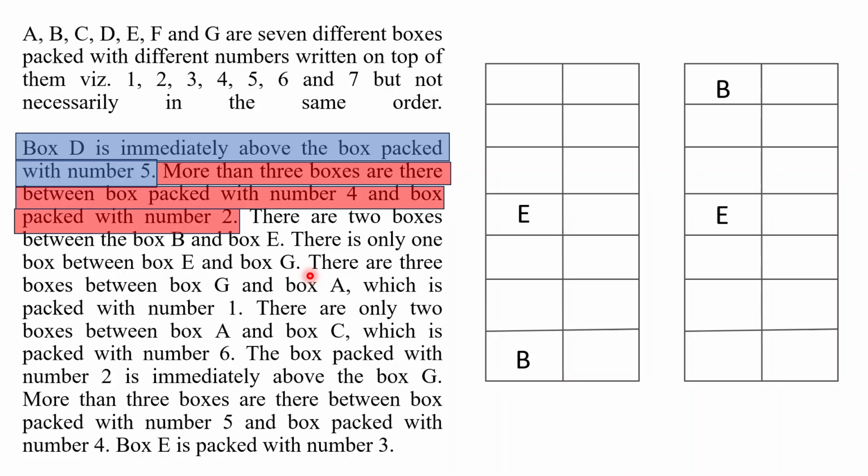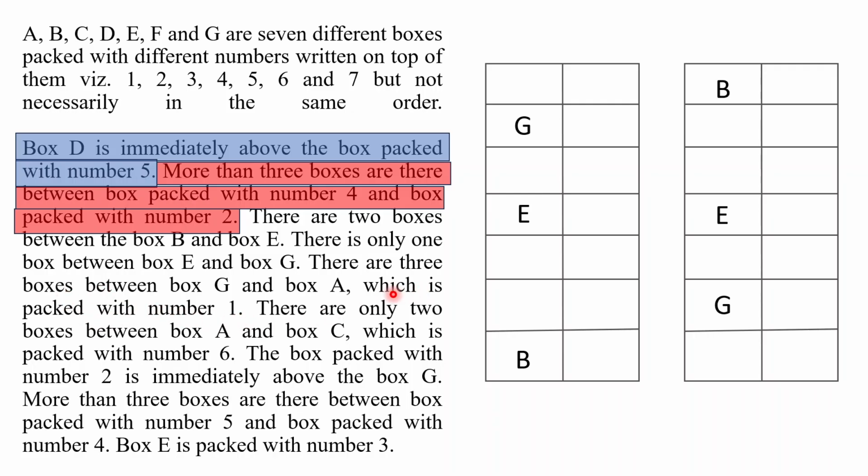So the statement is there is only one box between box E and box G. Okay. So in case number 1, let's place box G above box E. G is placed one box above E in case number 1 and in case number 2 I'll place G below box E. So there are 3 boxes between box G and box A which is packed with number 1.